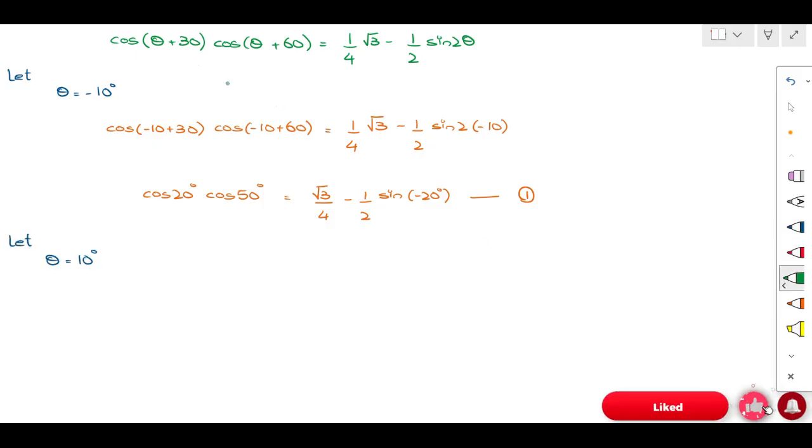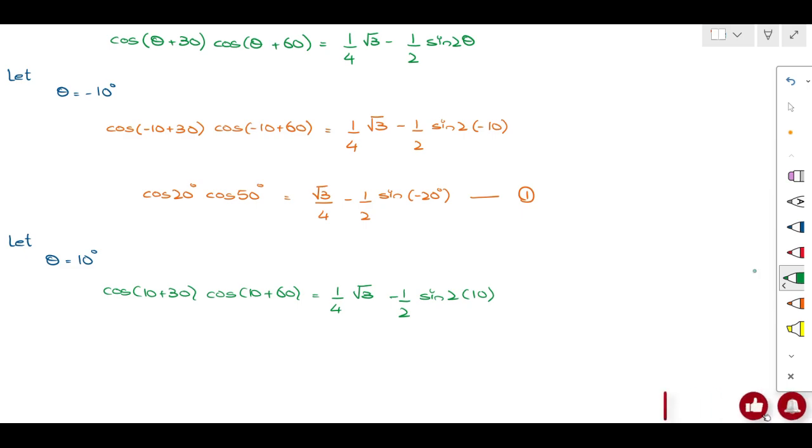When you put theta equal to 10 degrees, we can say cos of 10 plus 30, cos of 10 plus 60 is 1 by 4 square root of 3 minus 1 by 2 sine 2 into 10. Okay.